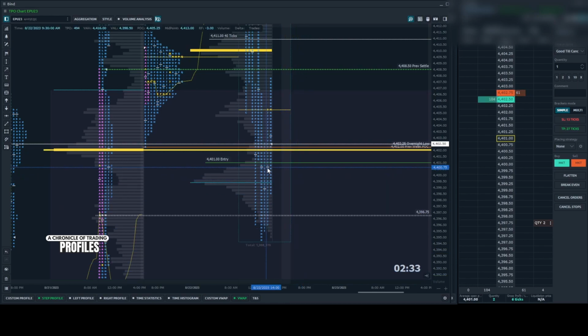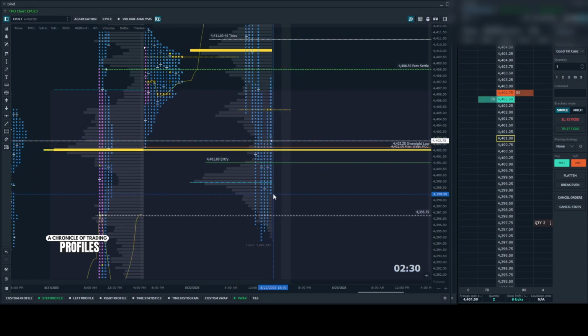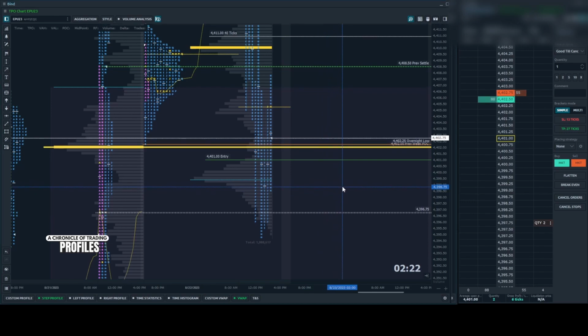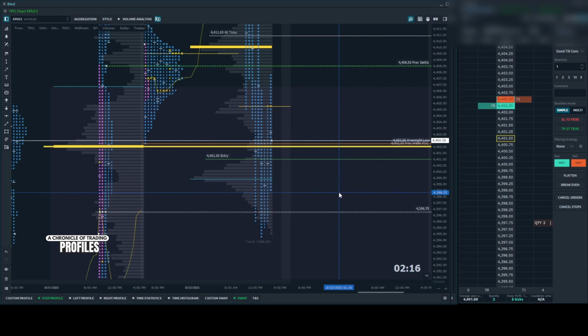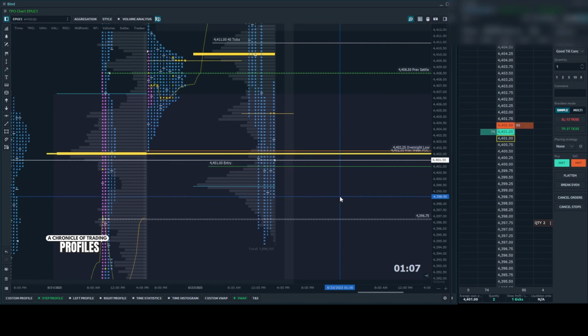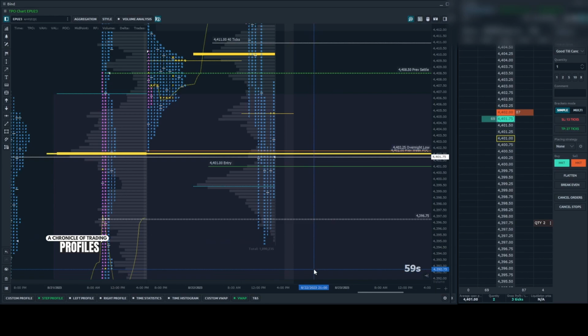Now, if this trade's going to work, when this next time period comes out, it shouldn't go below this K. One minute till that L period comes out.